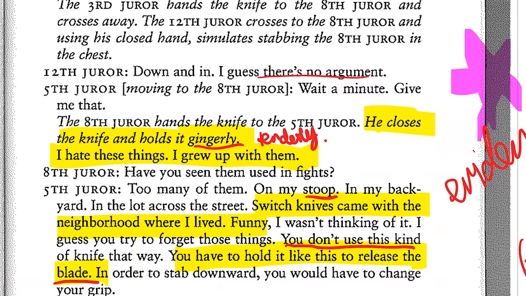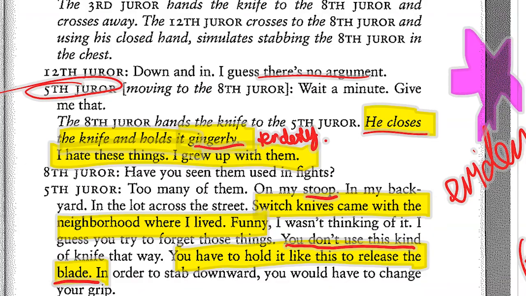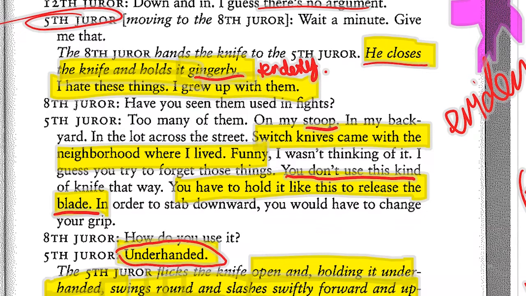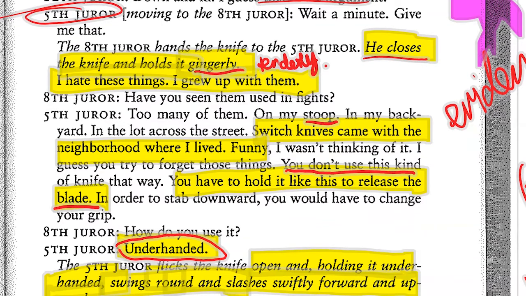But then juror 5 pops up and takes a look at the knife, and he says, look, I've seen too many of them on my stoop in the backyard, in the neighborhood I lived. You forget about these things, but I guess you try and forget these things. You don't use this kind of knife that way.